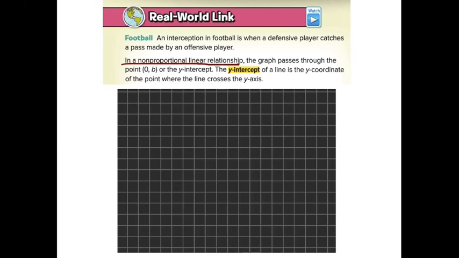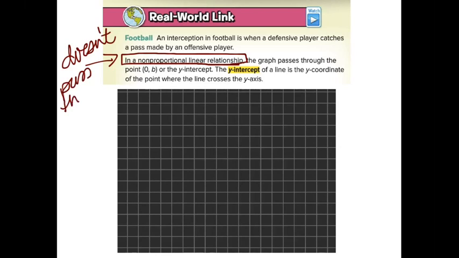So if it's a non-proportional relationship, that means it does not go through the origin. So it doesn't pass through the origin. And so because it doesn't pass through the origin, it passes through the point 0b.